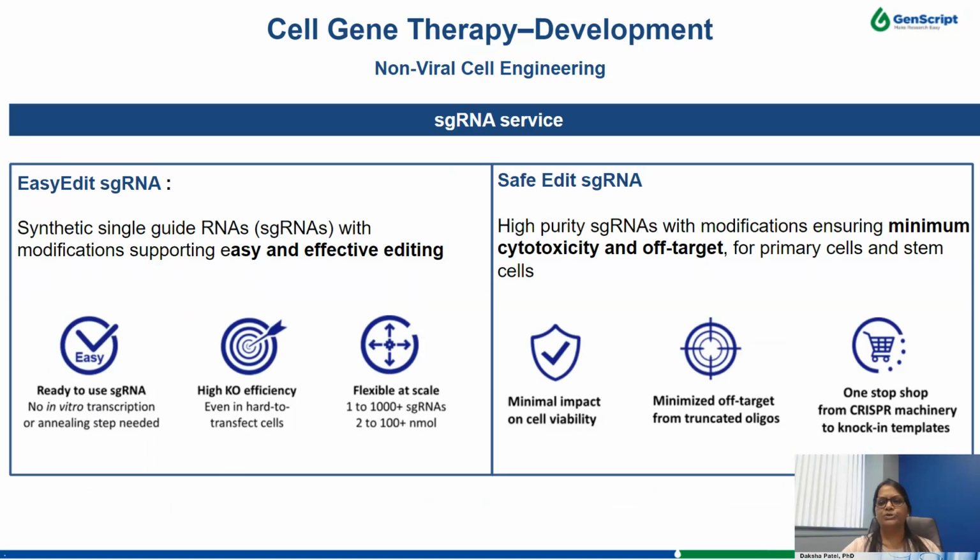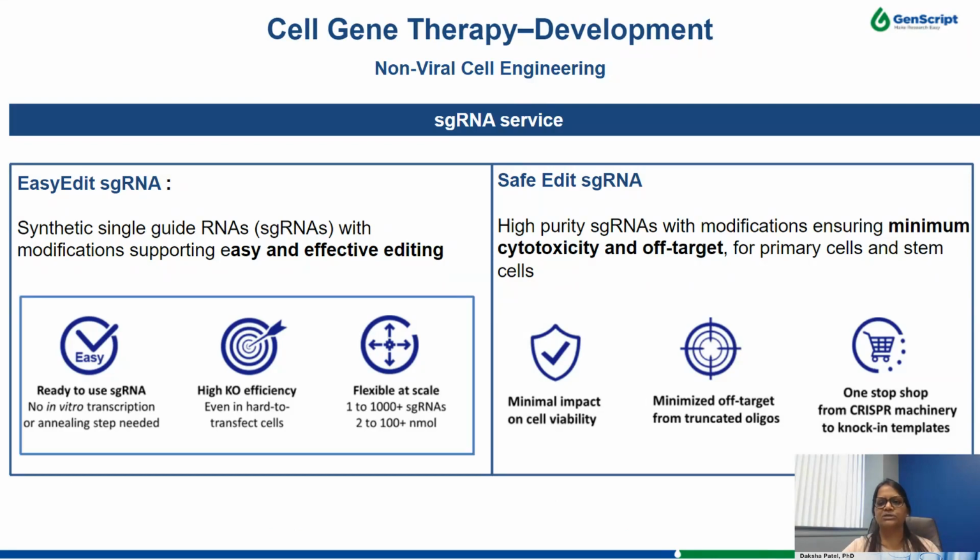We also provide 2 sgRNA service lines. The first one is the Easy Edit sgRNA, and this sgRNA is an excellent option for CRISPR screens, and the significant benefits of the service are highlighted here because it's ready to use and ensures high knockout efficiency. Another one is the Safe Edit sgRNA, and these are HPLC purified.